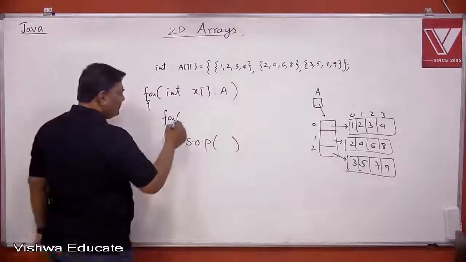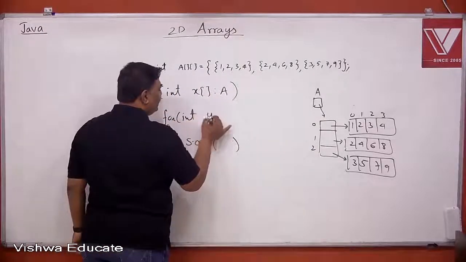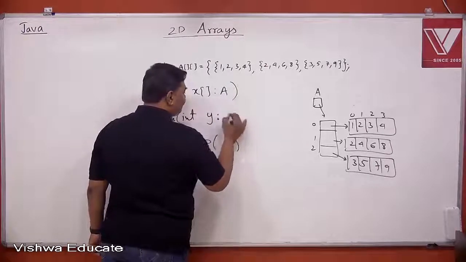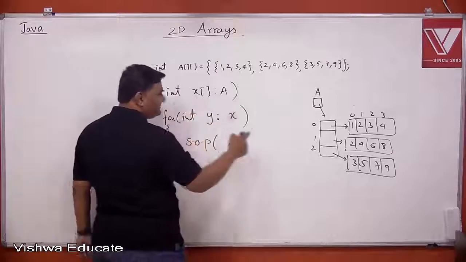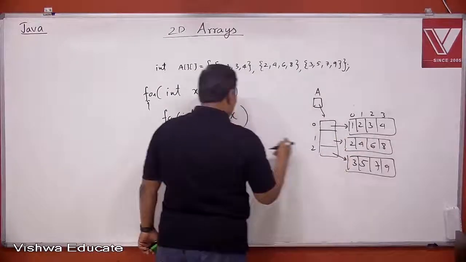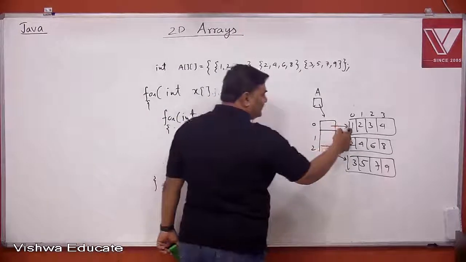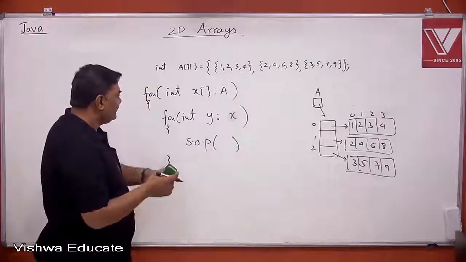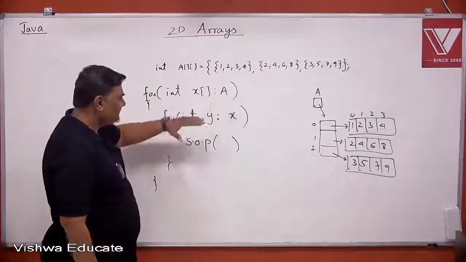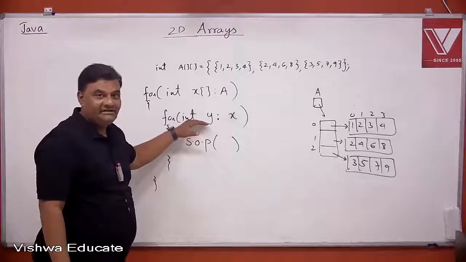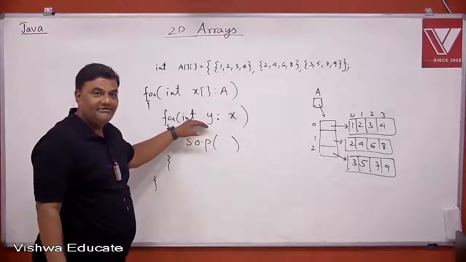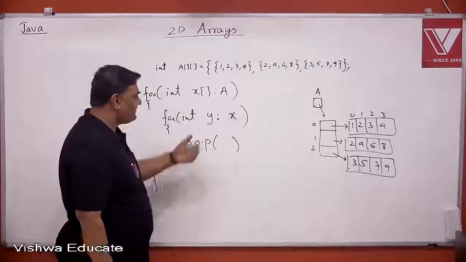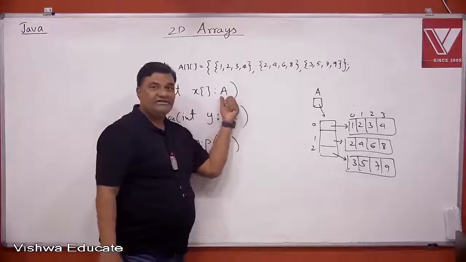Then the inner for loop: integer y from x. Now what is x? A one-dimensional array. Then what will y be? The values from that one. So the outer loop will be going through rows and the inner loop will be going through elements in each row. y will be taking elements from each row. You remember when we wrote the one-dimensional array, this was just a.